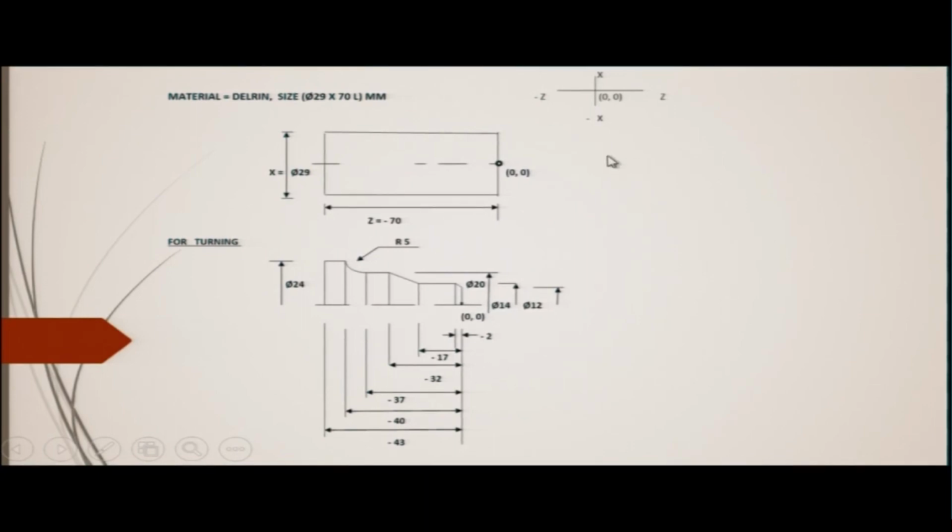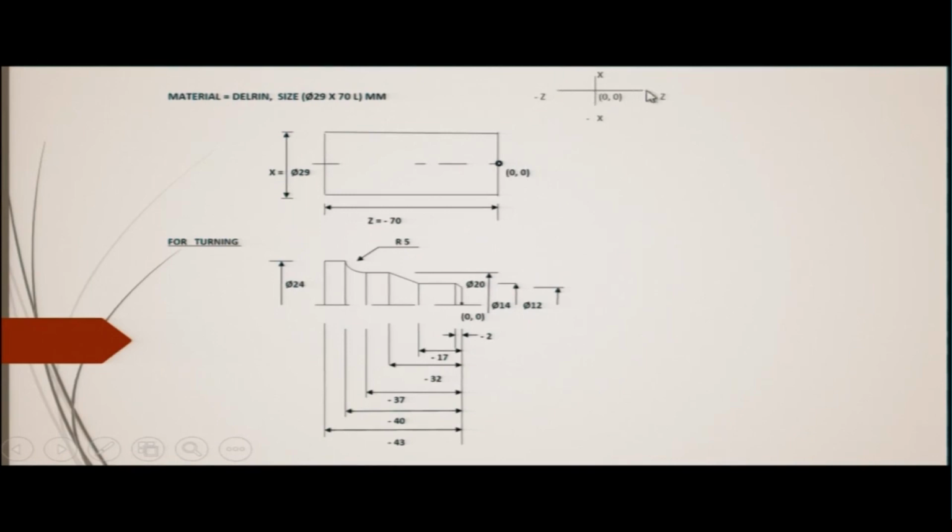Going ahead, I should tell you that in case of CNC turning, this is the system of axis. X axis is here and Z axis is here. Out of that, on the top it is the plus for the X, and below the origin it is the minus, this is negative.